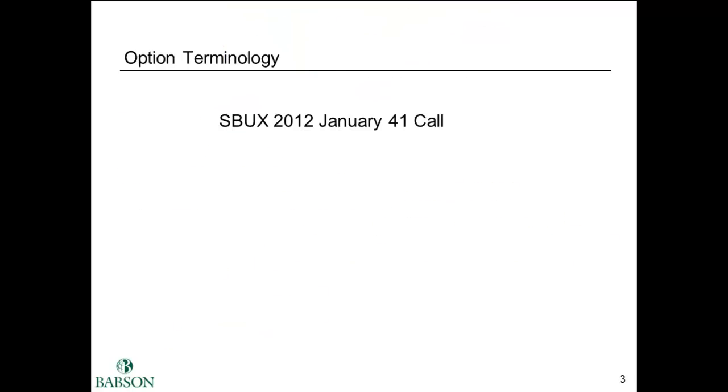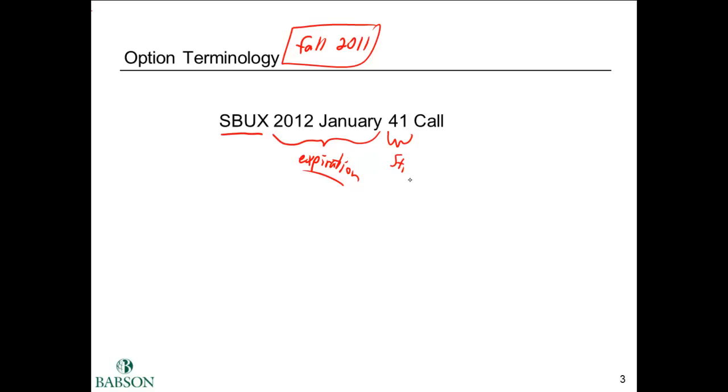Let's take a look at a more realistic example. So here is a line item for a call option for Starbucks stock. Let's say today is fall 2011, okay? So there are call options that are traded on Starbucks stock, and the expiration on this particular call option is January 2012. 41 corresponds to the strike price.